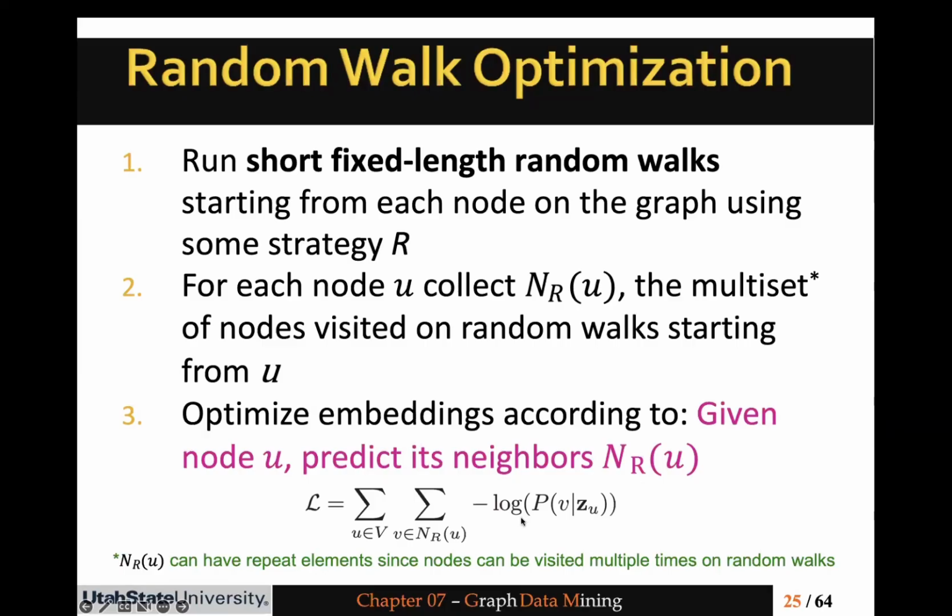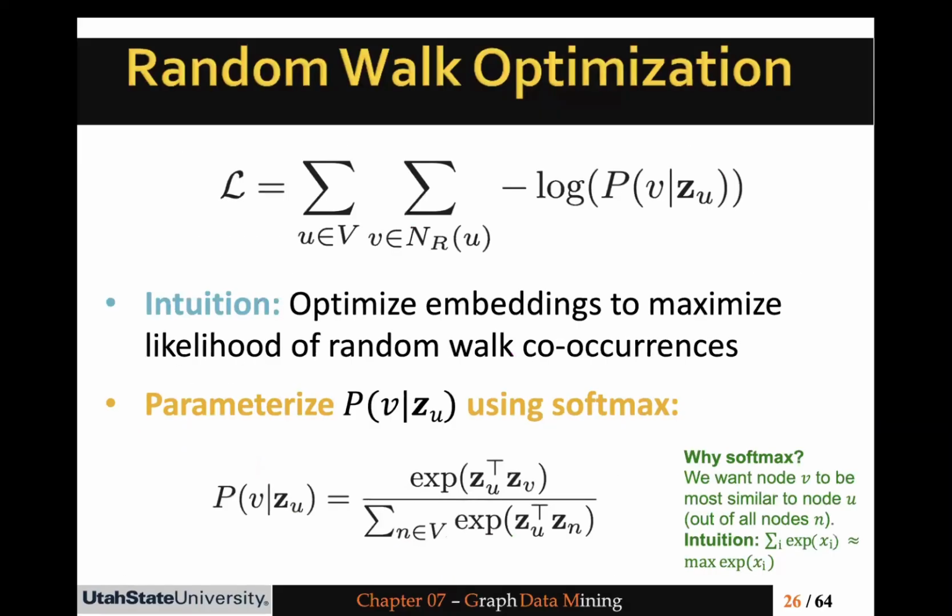I would like to maximize the probability of V given the knowledge that z_u is my starting node, and the minus log is essentially minimizing my total loss, because I just negated this log in order for my loss to be minimized as my optimization function.